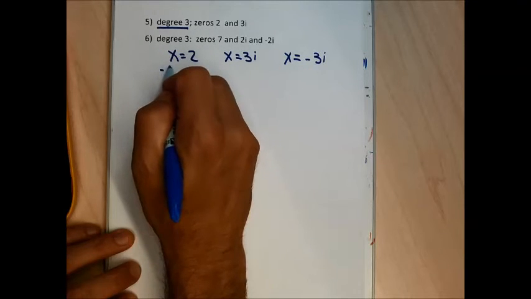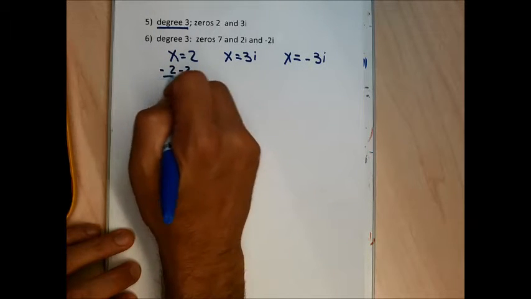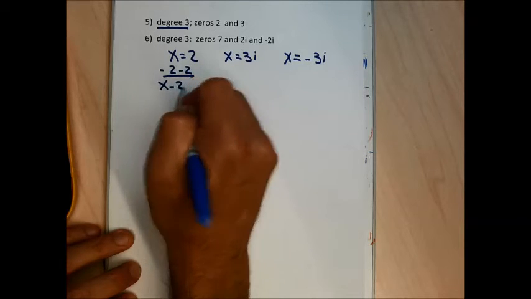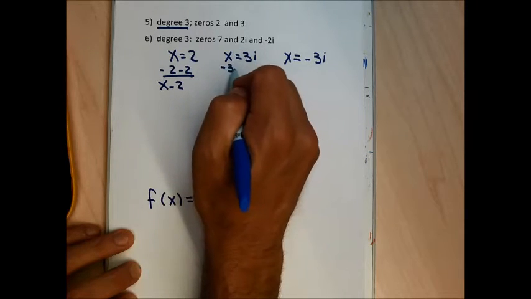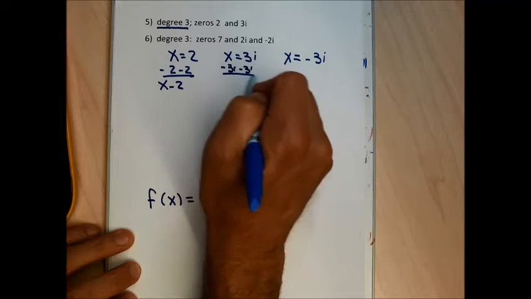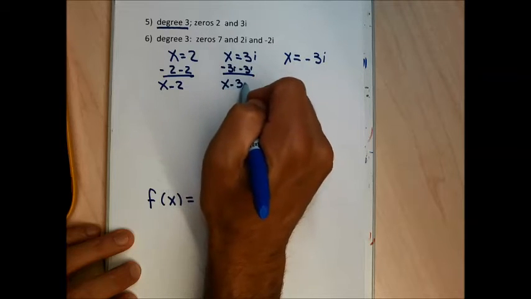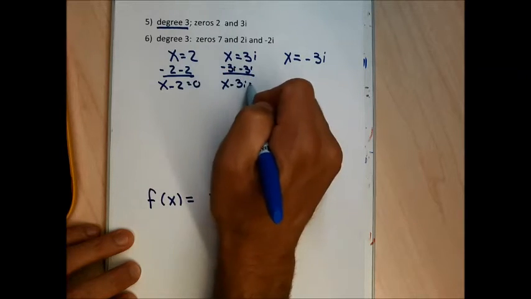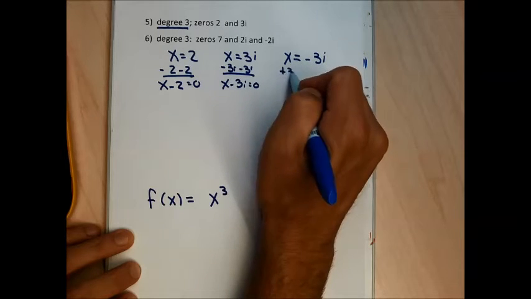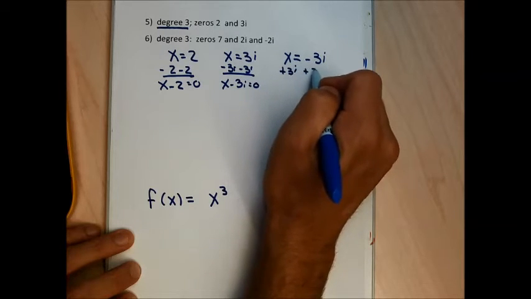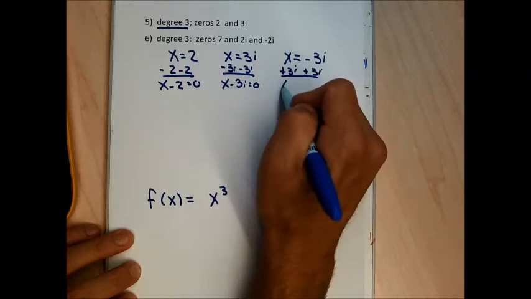For this 0, I'm going to get a factor of x minus 2. For the middle 0, I'm going to get a factor of x minus 3i. And for the last 0, I'm going to get a factor of x plus 3i.